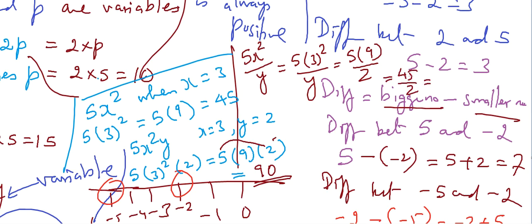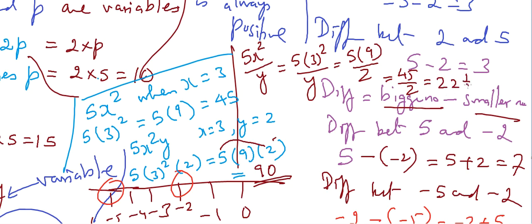Whatever you have learnt earlier, you should apply it. What is 45 by 2? It's an improper fraction. So you can either convert it to a mixed fraction or convert it to decimal form. 2 goes into 4 two times, then into 5 two times, with remainder 1.